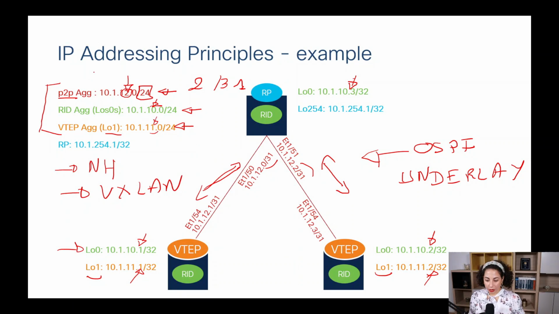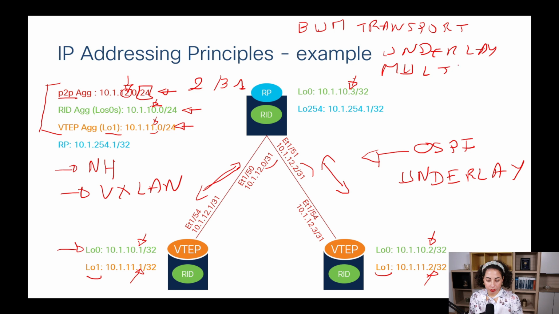But if you want to go for the other solution when it comes to the BUM transportation, which is the underlay multicast, then in that case, we need an additional interface that is the interface of the rendezvous point. So in our case, for our lab, the solution that we will use for the BUM transport is the underlay multicast.